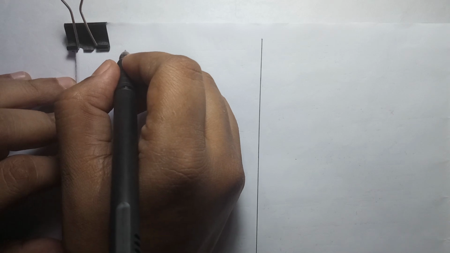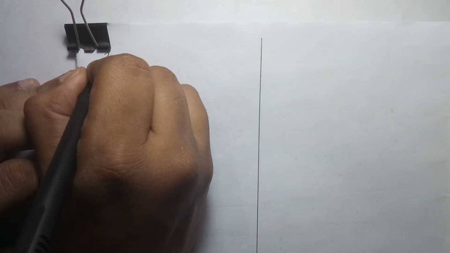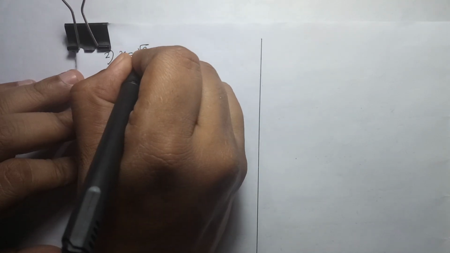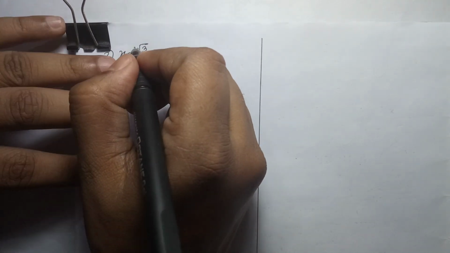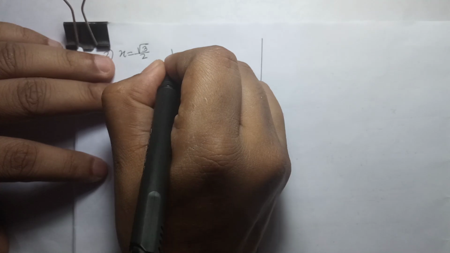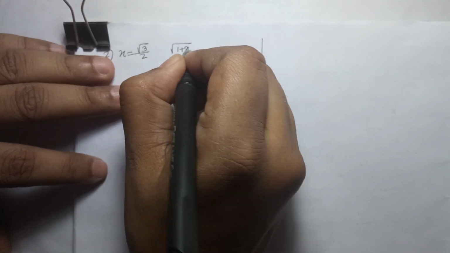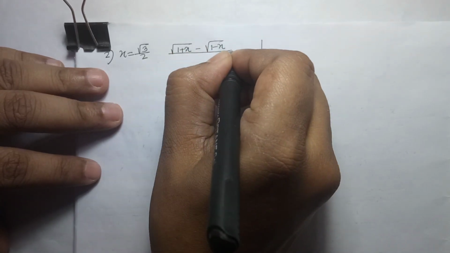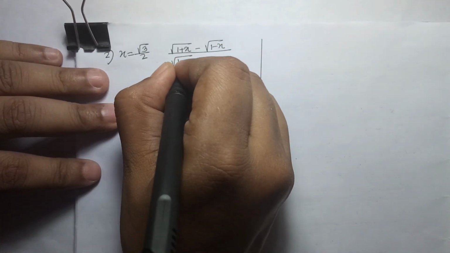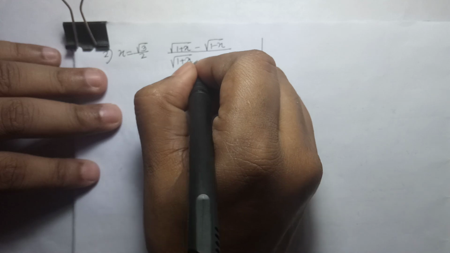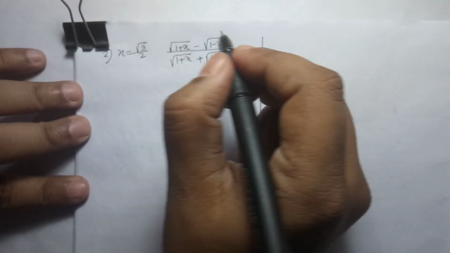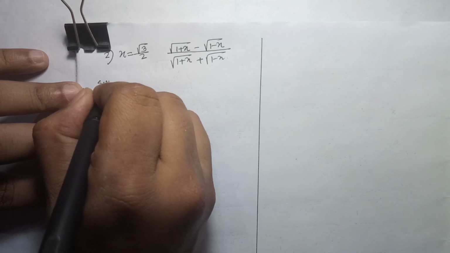Second question. x is equal to root 3 by 2. Find the value of this expression, so this one I am supposed to find.